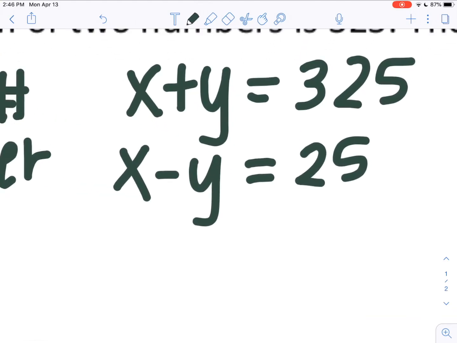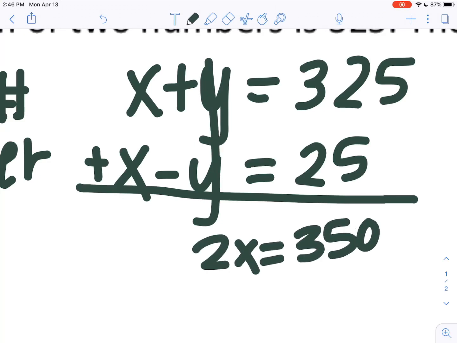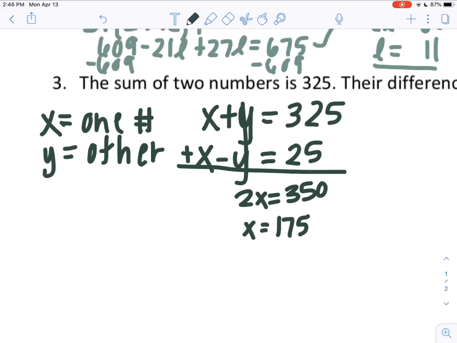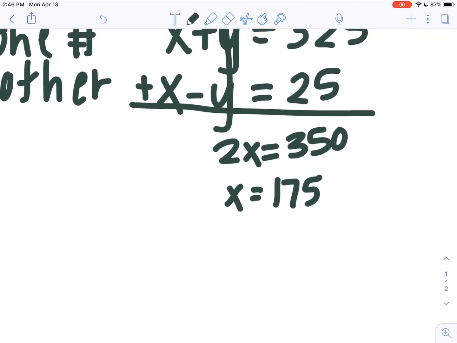And then I'm going to solve. So this one's actually already nicely set up for elimination because my y's are going to eliminate right away if I add these two together. So I get 2x equals 350. So x equals 175. Okay, and then if you want to figure out what the other one is equal to, you could plug it into any equation. I'm going to plug it into this one right here.